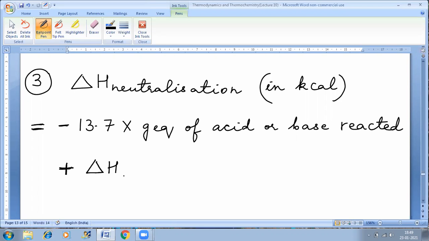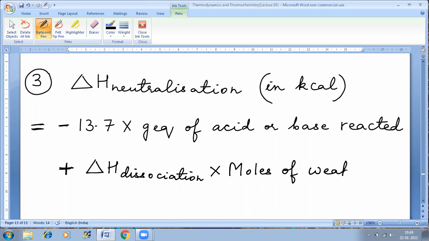delta H dissociation multiplied by moles of weak reactant.